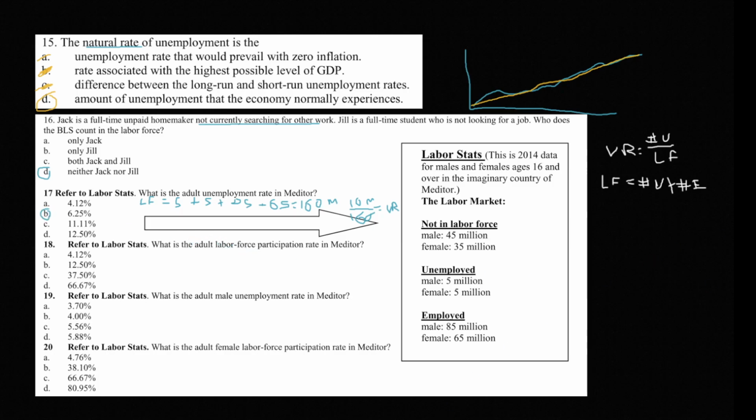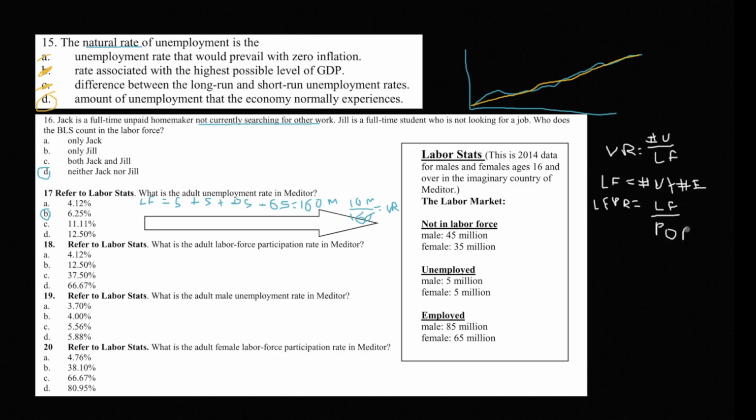All right. Number 17 asks for the adult labor force participation rate. I'm just going to write LFPR. The LFPR is equal to the total labor force over the total adult population.